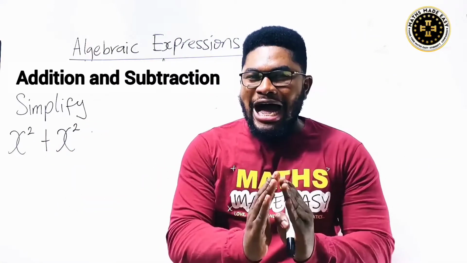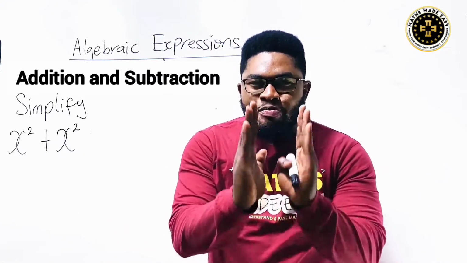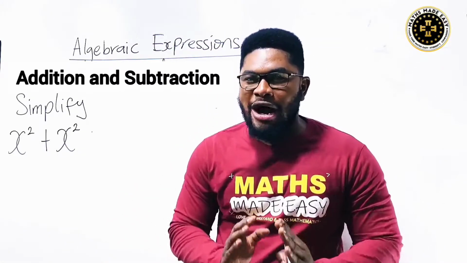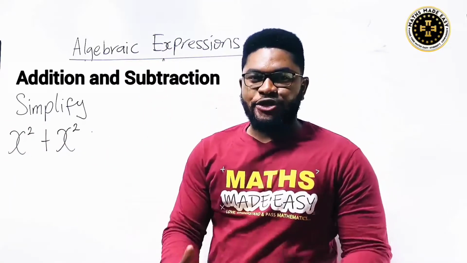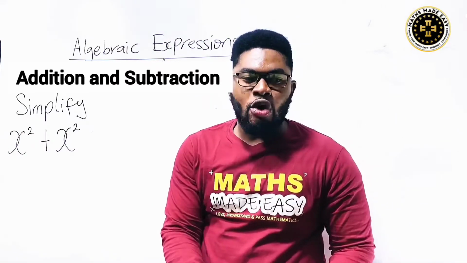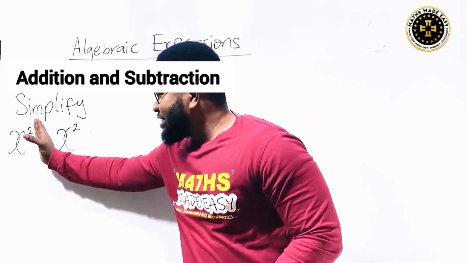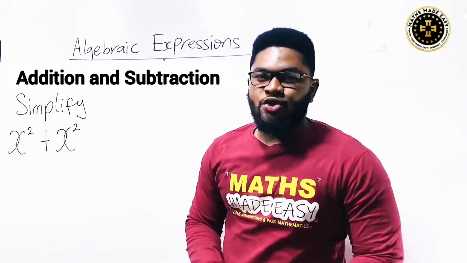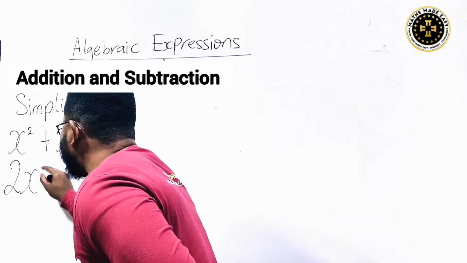Now, if you want to add, after you have seen that they are like terms, continue to maintain the variable and their power. How many of the x squared do we have? We have only one of the x squared, since no coefficient means coefficient of 1. Now, I have 1x squared added to another x squared. I get 2 of the x squared. So the answer will be 2x squared.